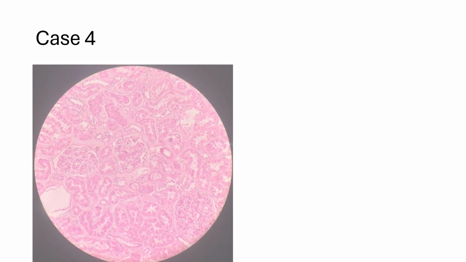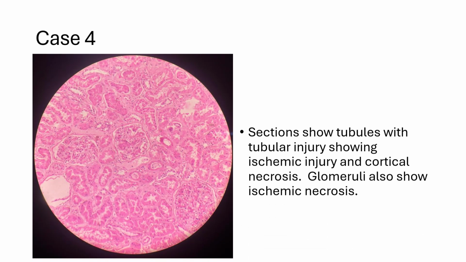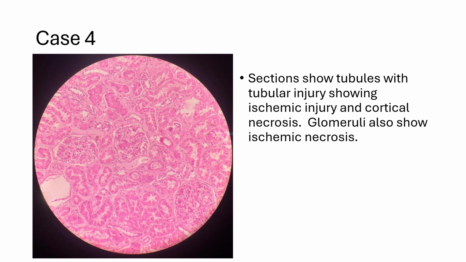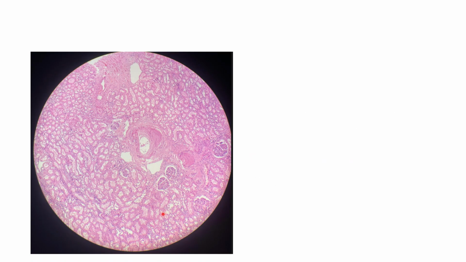Next is case 4. This is a slide. Here we can see tubules showing tubular injury and ischemic injury, and glomeruli showing ischemic necrosis, acute tubular injury. Here we can see there is thickening. So let's see what this is.